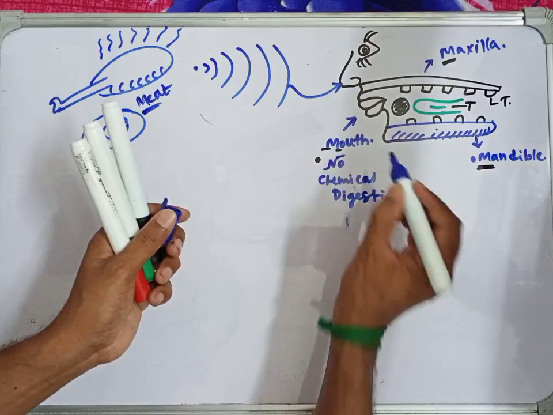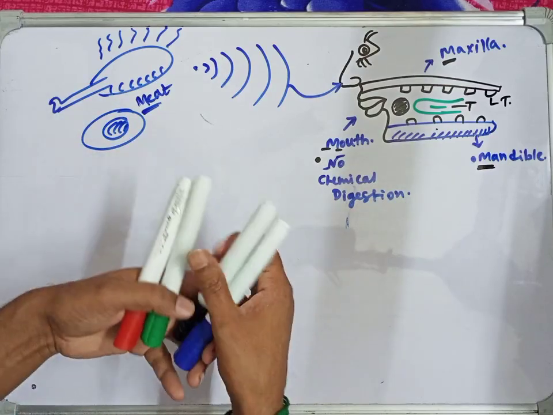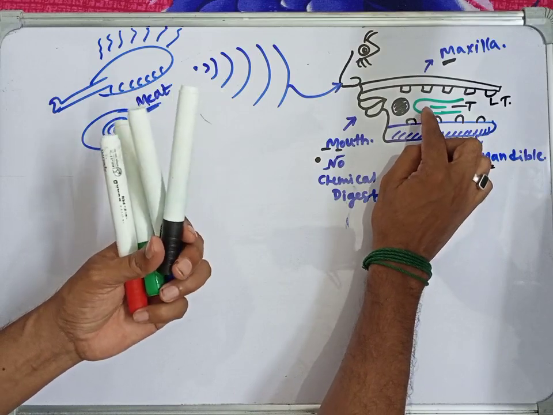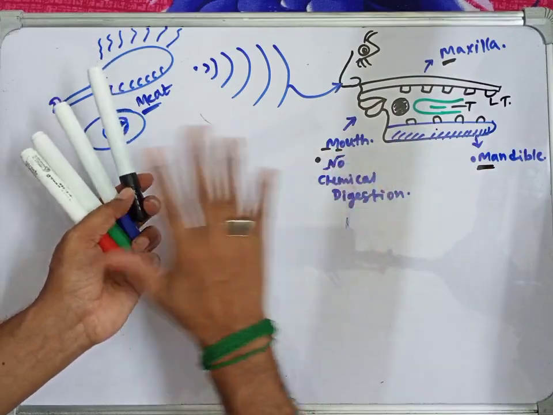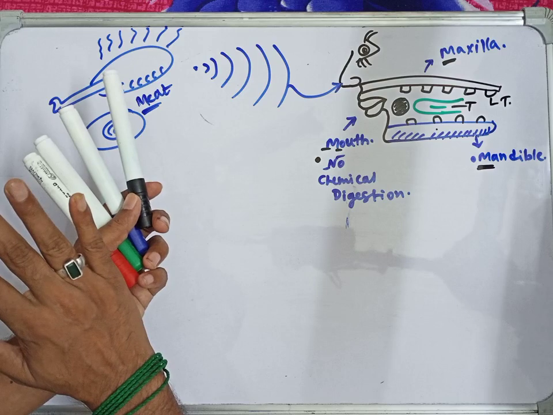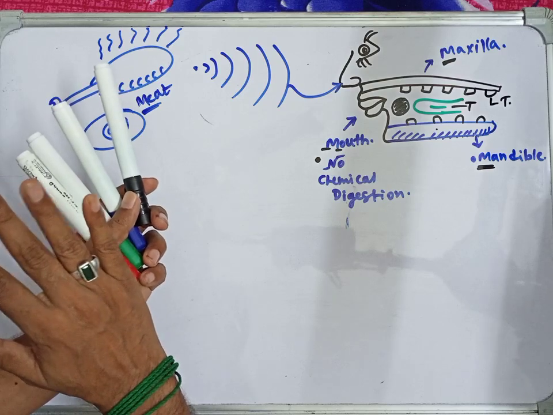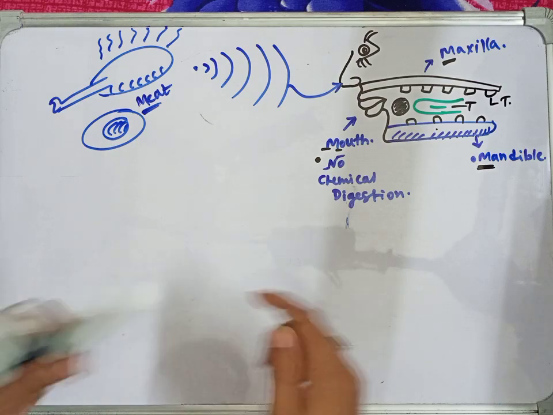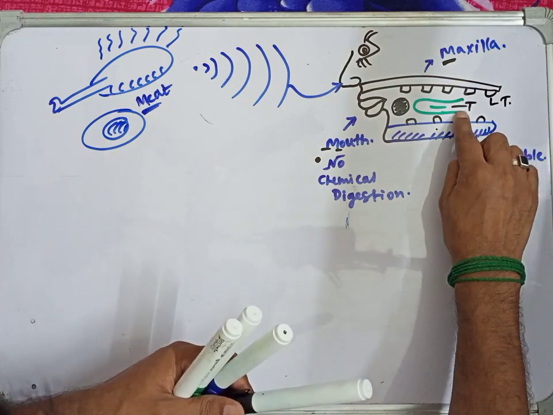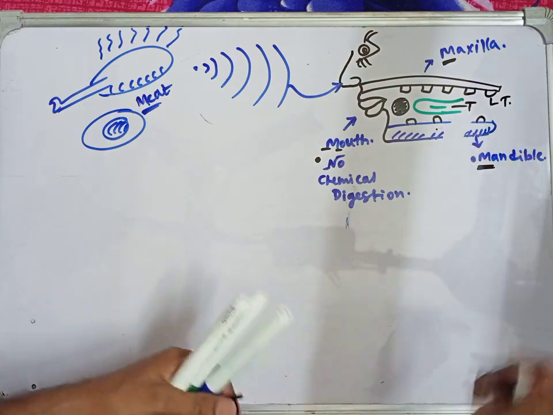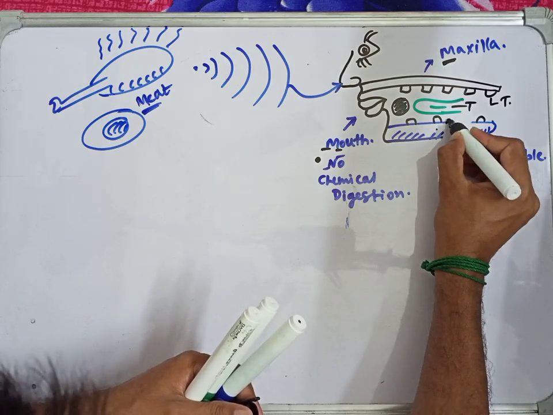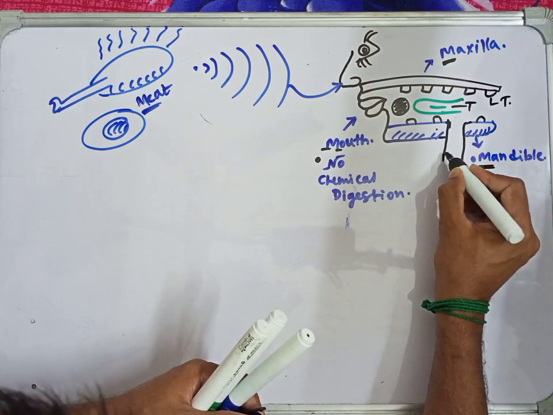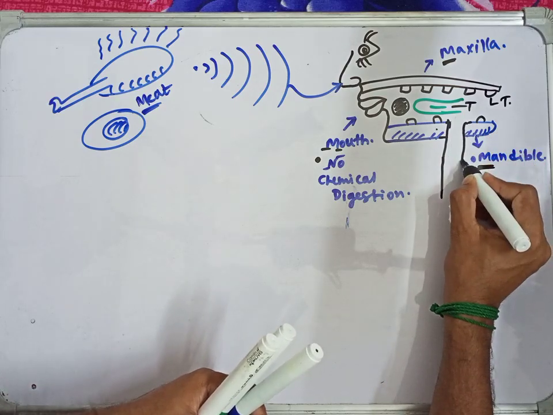And one more important point: the carbohydrate digestive enzyme is present in our saliva, but our saliva has no protein digestive enzyme, right? After that I simply draw the esophagus. It is not the exact position of the esophagus, just a hypothetical diagram for you.